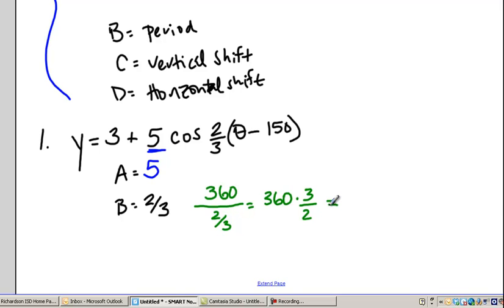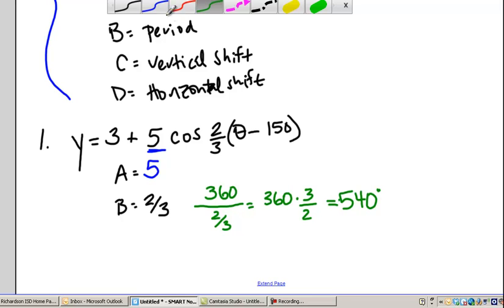So we are going to multiply 360 by 3/2, and we get 540. So what that tells us is that one cycle is 540 degrees.